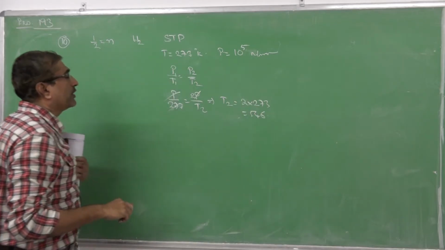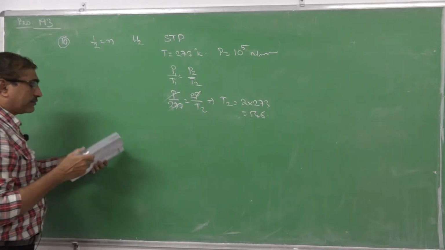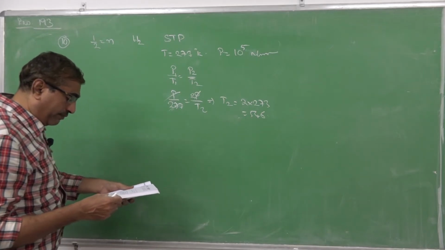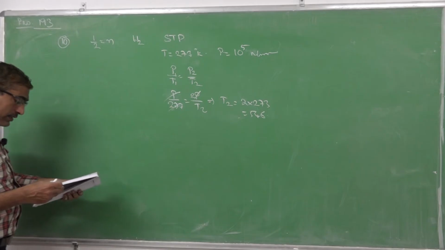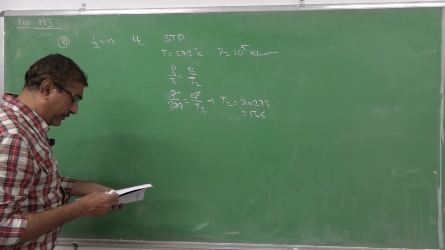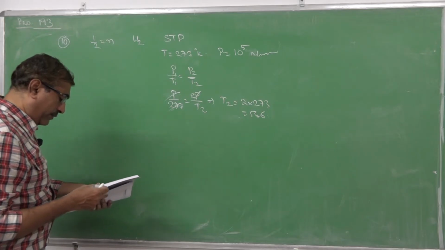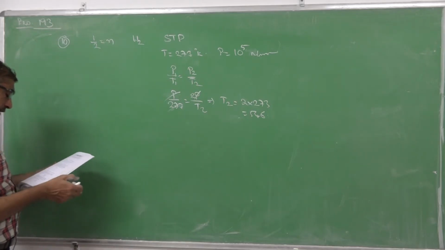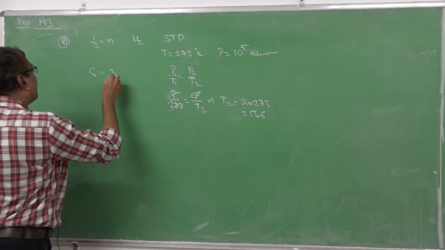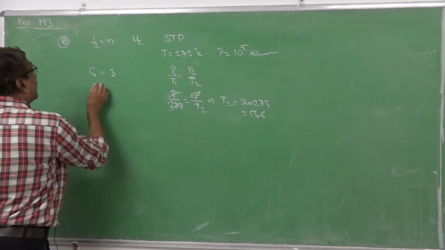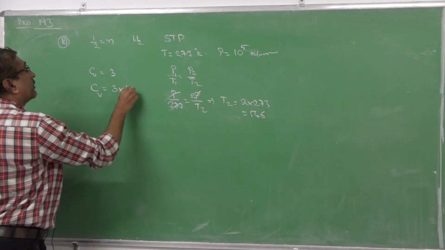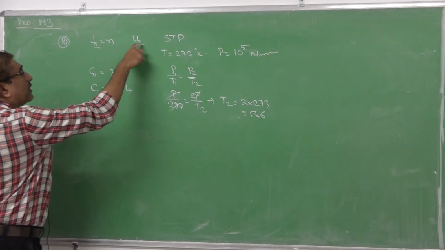Now the question is, energy needed. Given small c v as 3. So Cv is equal to 3 into molecular weight 4, because its molecular weight is 4.